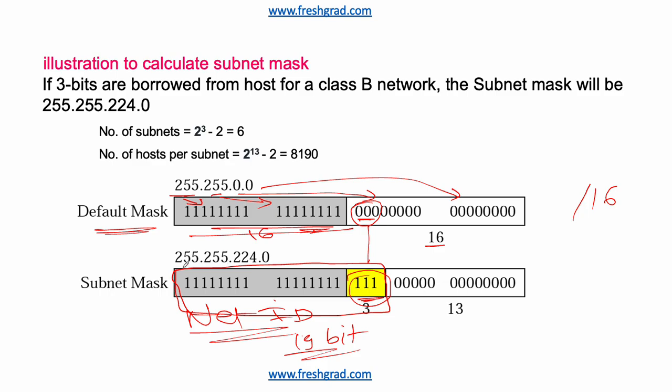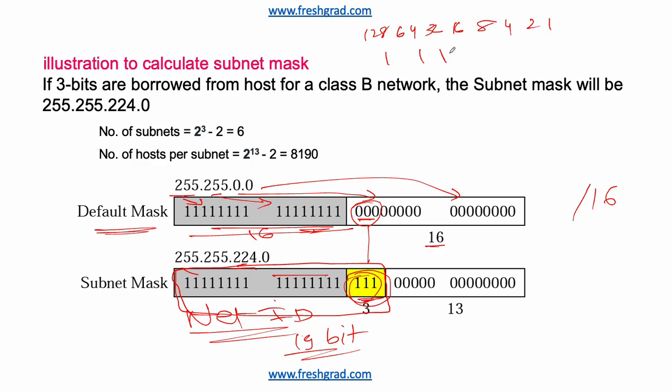And how do we calculate here? 255, all ones, means 255. 255. 224. Remember we only borrow the 3 bits. How do we get the 224 value? Again, remember these values: 1, 2, 4, 8, 16, 32, 64, and 128.